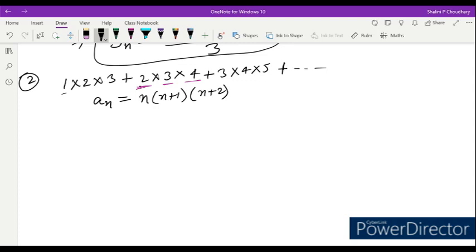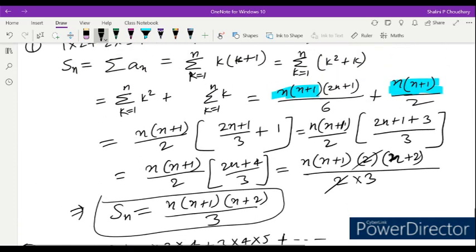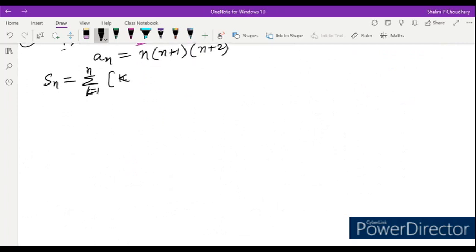Now we have to find out the summation of n terms. So Sn will be equal to summation of k is equal to 1 to n of k into k square plus k plus 2k plus 2.